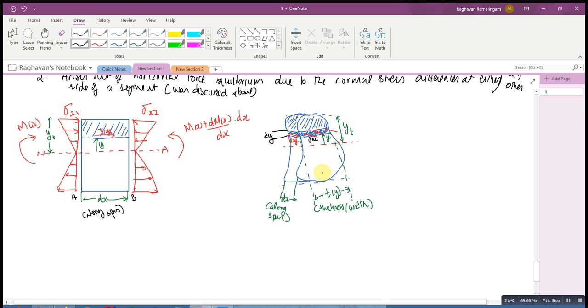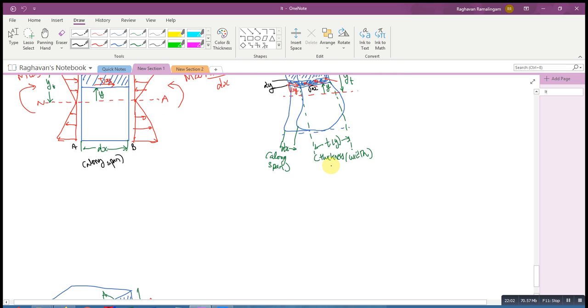And I've taken a very general section such that the thickness varies along the depth. Usually you won't have the case, but let's just assume that the thickness varies along the depth. So therefore, I say t of y rather than just simply saying t. Now what I can do is write the force equilibrium equation along the horizontal direction.